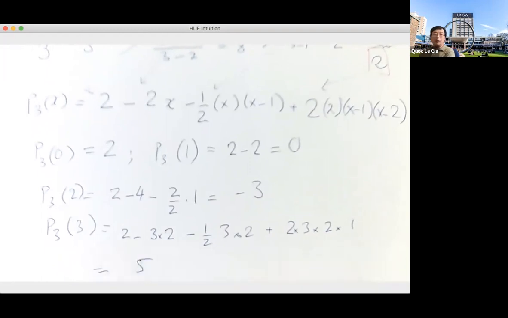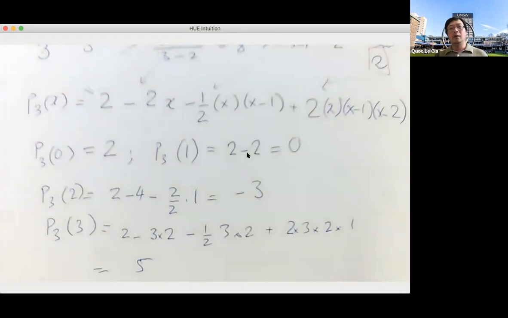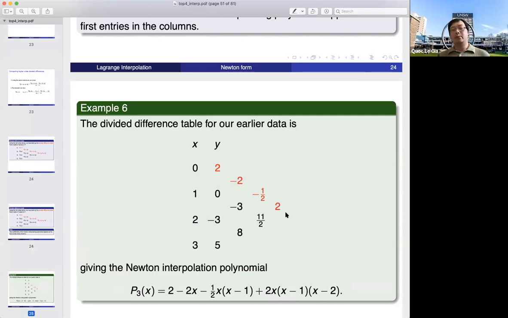So you see, both methods, the Lagrange method and the Newton method, you don't have to solve any linear system.